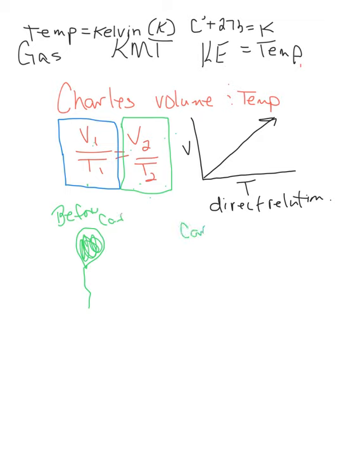What happens to balloons when they're in the car is the temperature is going to increase, especially in the summer, right? And so what's really happening, remember, is that kinetic energy is related to temperature. If temperature is increasing, kinetic energy is increasing.